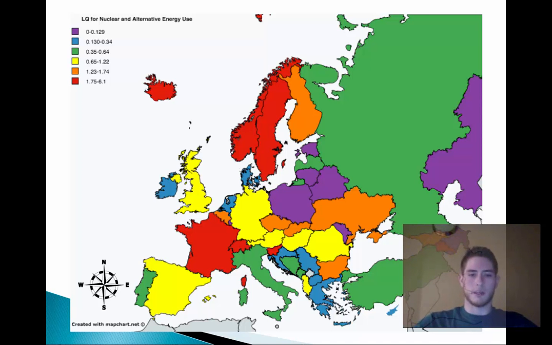So this is my first map of nuclear and alternative energy use. Definitely several countries that stand out: Iceland, Sweden, Norway, France, Switzerland. The map doesn't really show how much Iceland stands out.